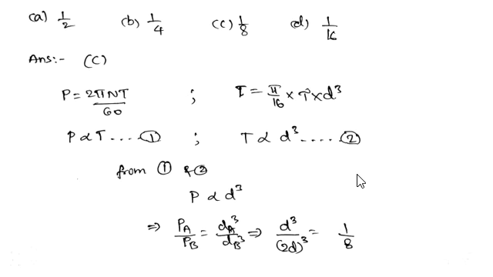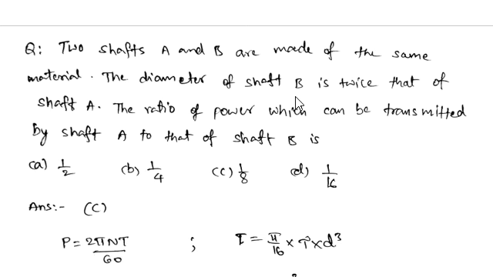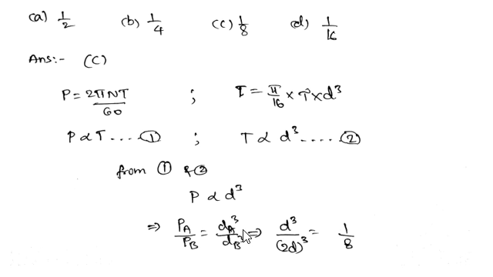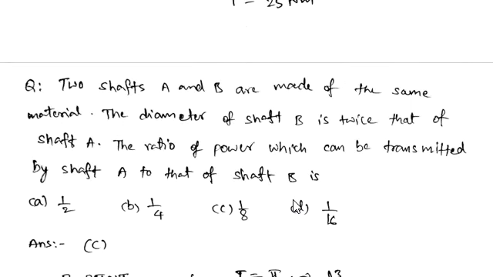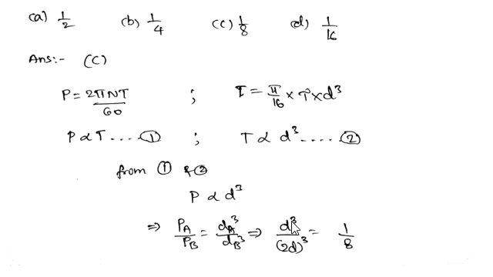So suppose any diameter of the shaft, you can take shaft A as D. The diameter of shaft B will become 2D. Why? Because for A we have taken D, and B is twice of A, so it is 2 times D. So D cube over 2D whole cube.